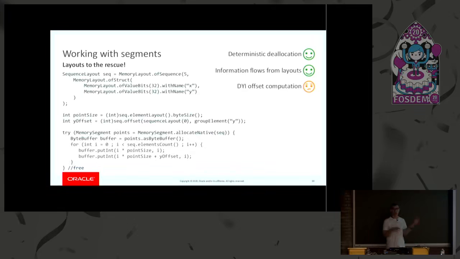And then I can use all this inside my loop to get rid of all the numeric constants. Most importantly, I can use the layout directly in the allocate call for the memory segment, which means I don't have to write the size by hand. I just delegate to the layout API to do the right thing.